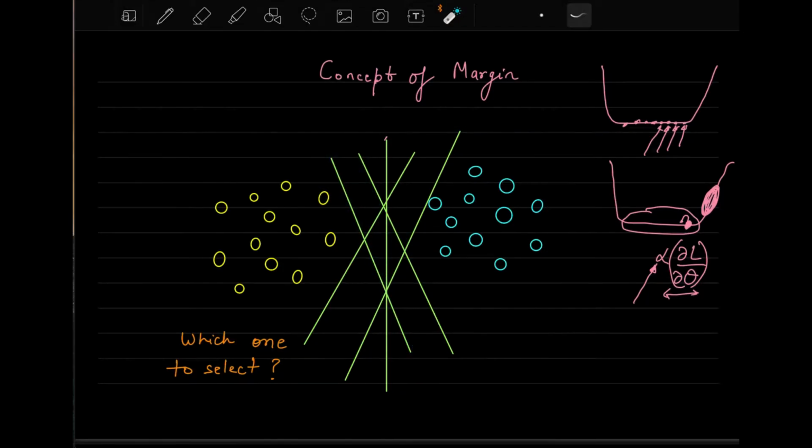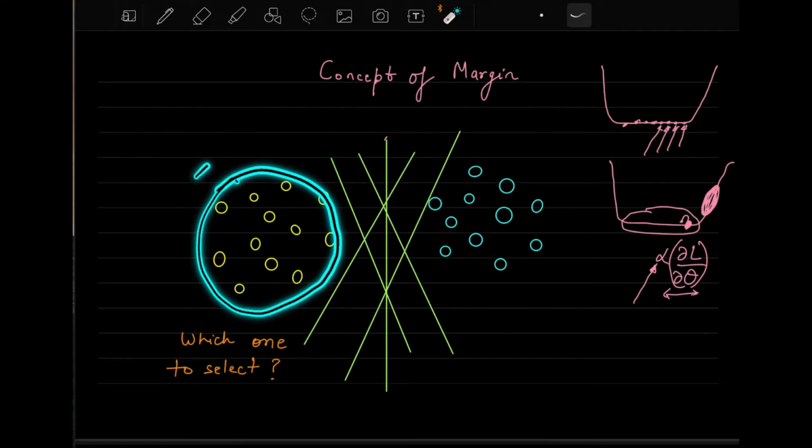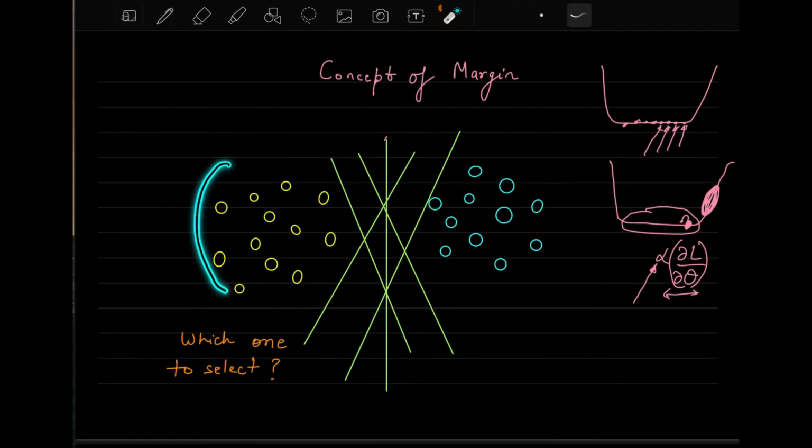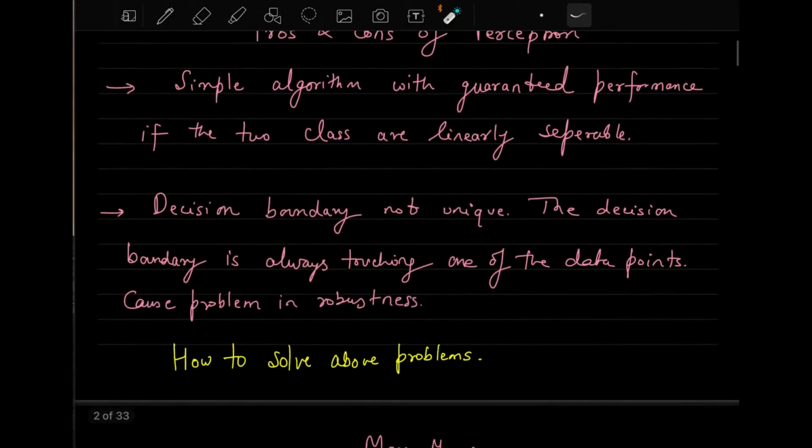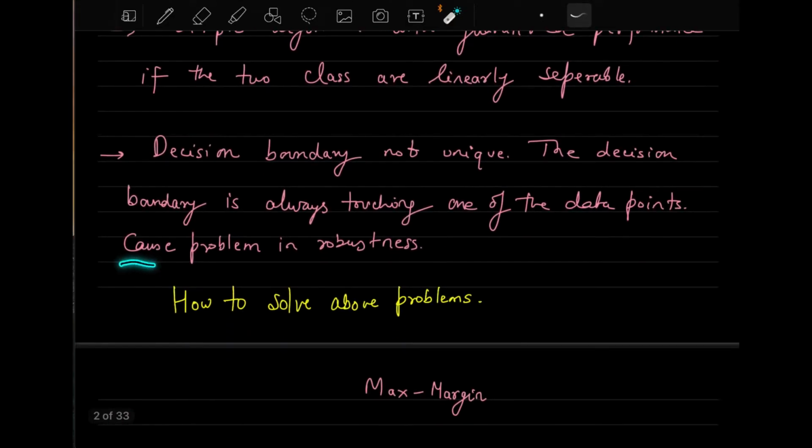So whatever you have here, which is the minus data set, or the labels having minus, will become plus if noise enters this data set. So robustness is a problem if the boundary is touching one of the data points.